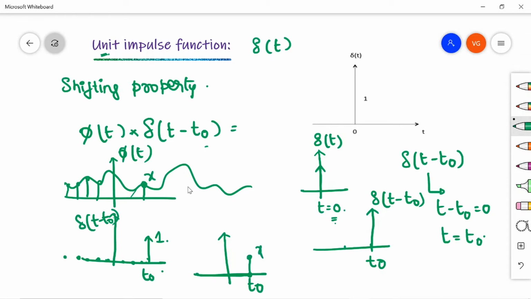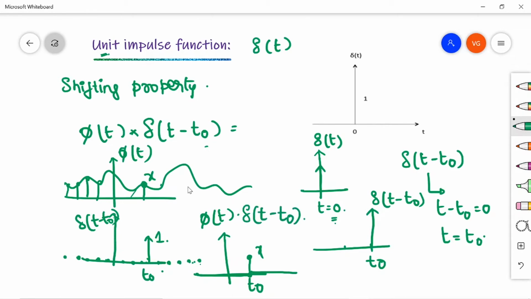Again after t naught, as del of t minus t naught is 0, the base signal is multiplied with the amplitude 0, so this also will become 0. So again the signal is 0. This will be your resultant signal if you multiply phi of t with del of t minus t naught.